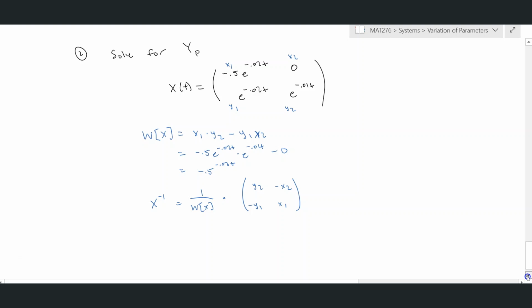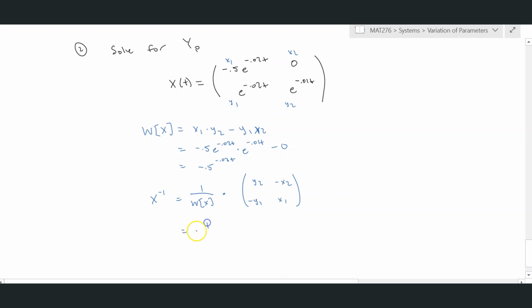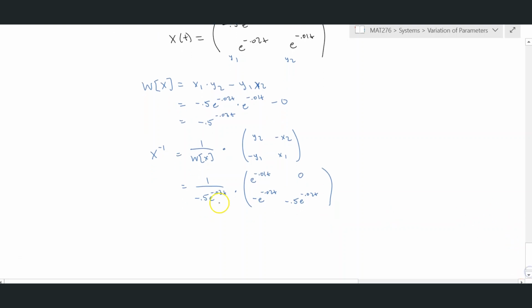All right, let's go ahead and plug things in. So we have 1 over negative 0.5 e to the negative 0.03 t multiplied by y2, so e to the negative 0.01 t will go here, x1 will go down here, and then it will just negate e to the negative 0.02 t. This is still a 0, so we don't need to write negative 0. That will work.